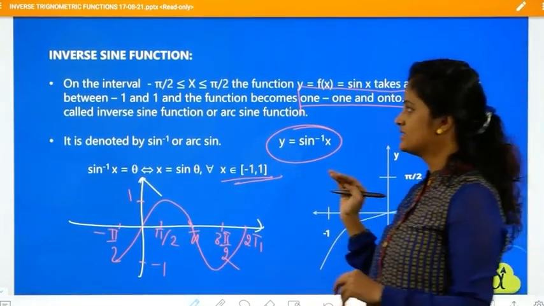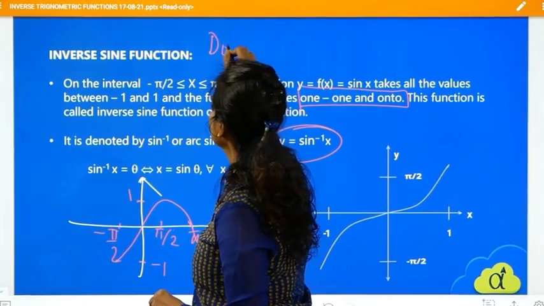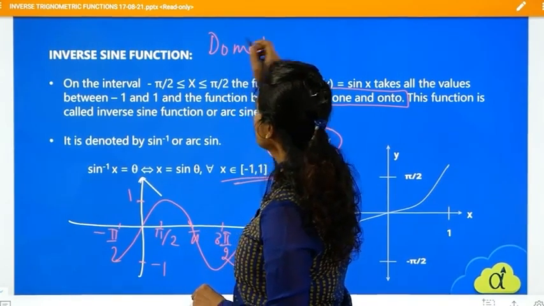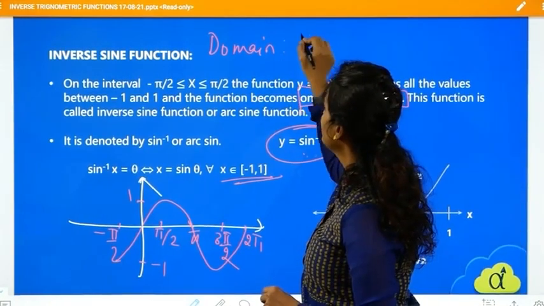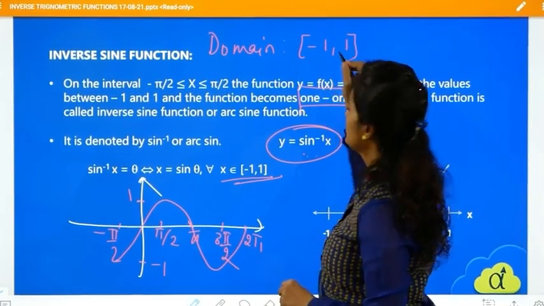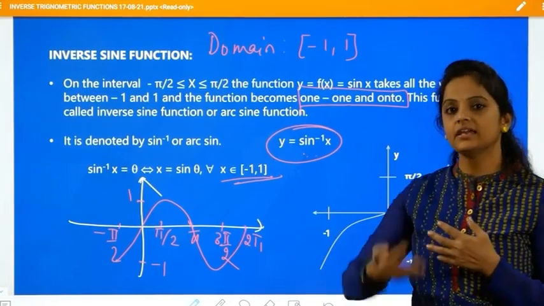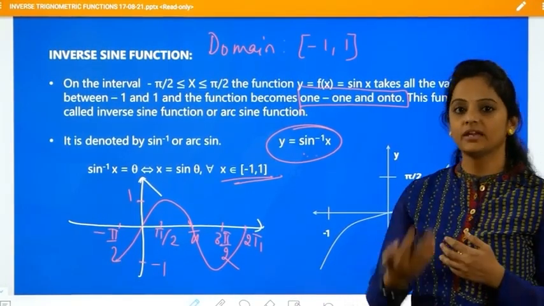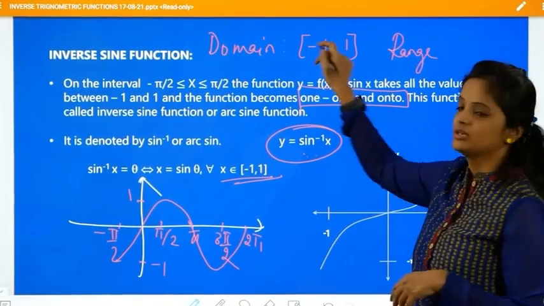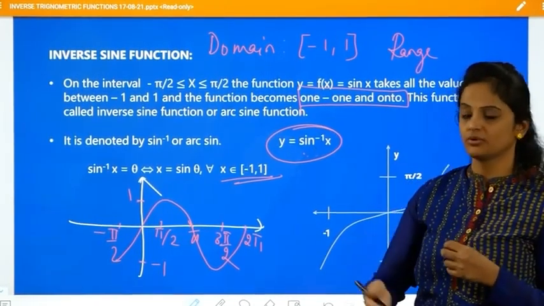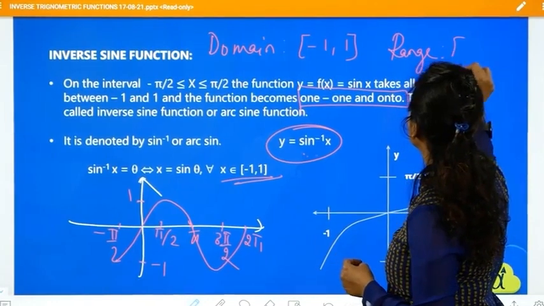Got it? So what is the domain of sine inverse? The domain is -1 to 1. That means I can give that. Domain is what I am giving, the input. Range is what I am getting back, the output.